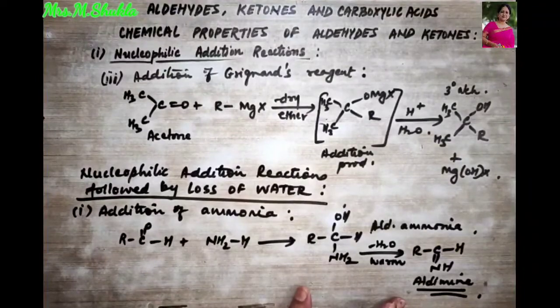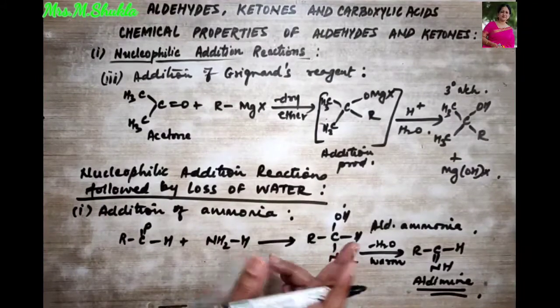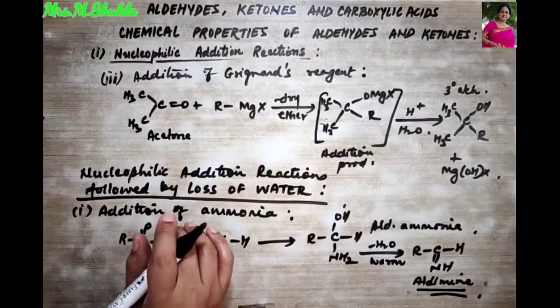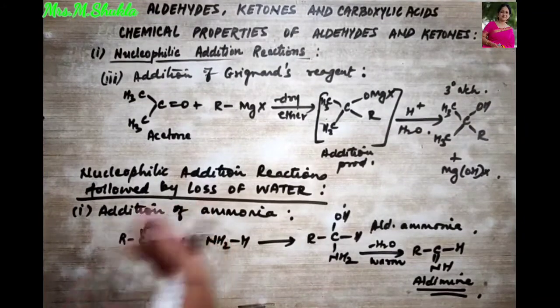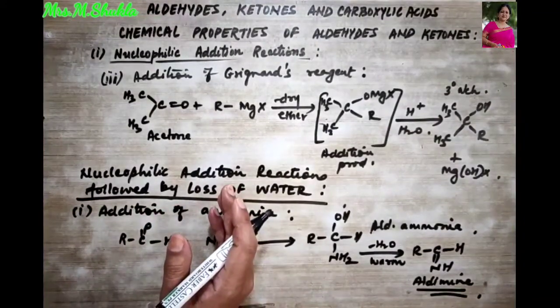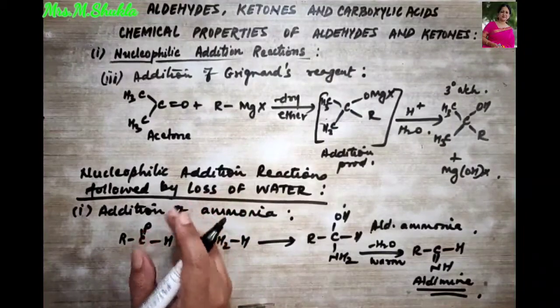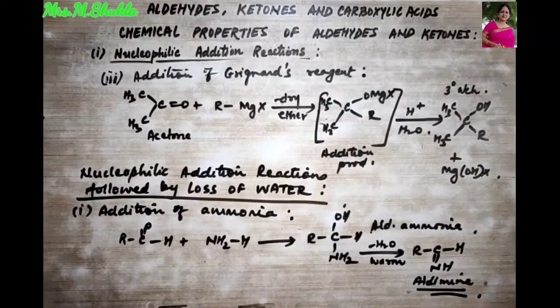I hope this reaction is clear. Now formaldehyde, when it reacts with ammonia, forms hexamethylene tetraamine, which is also called urotropine.